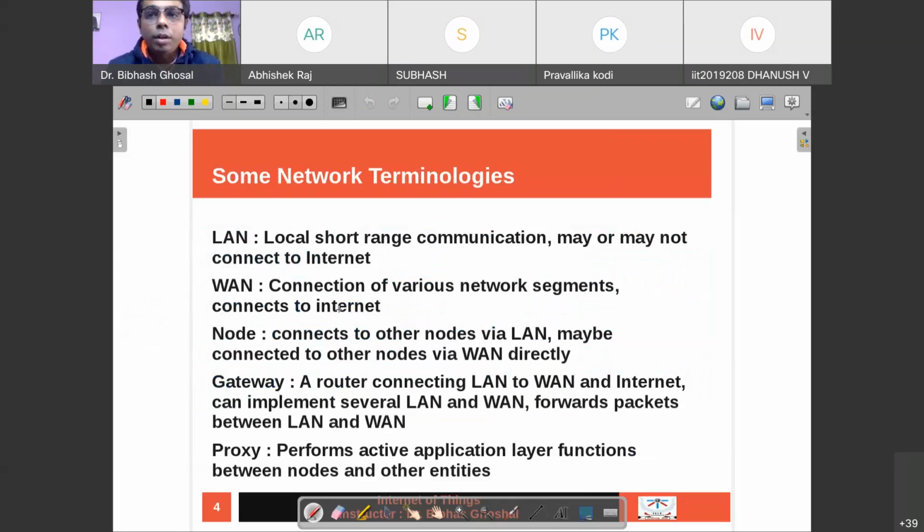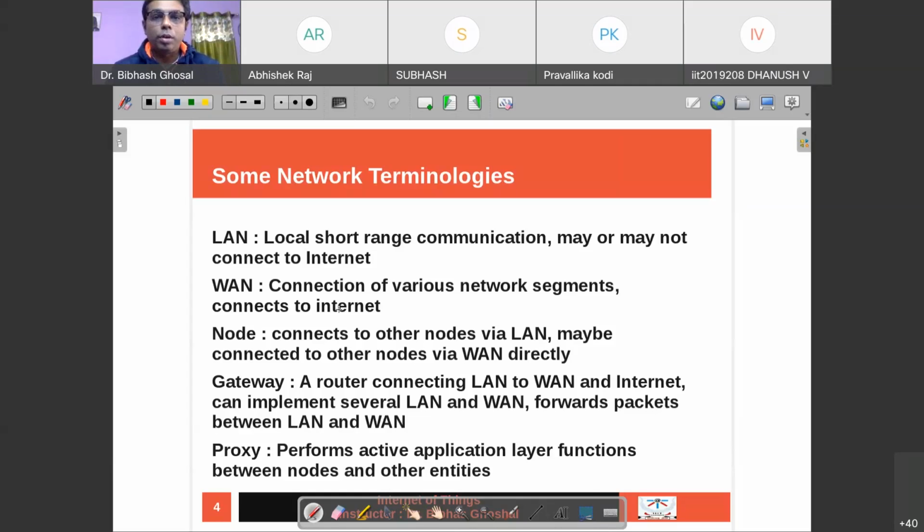Before we move on, let's talk about some of the terminologies. We are already aware of that. Just a quick recap. For LAN, we know that it's a local area network. It's primarily used for short range communication. You may connect it to the internet or you may not. The majority of the things or objects that you will be connecting will be using LAN.